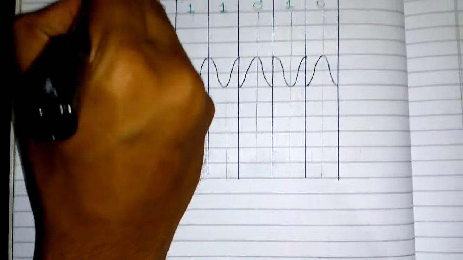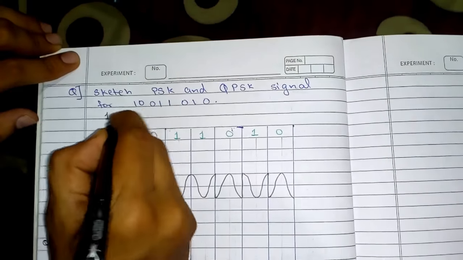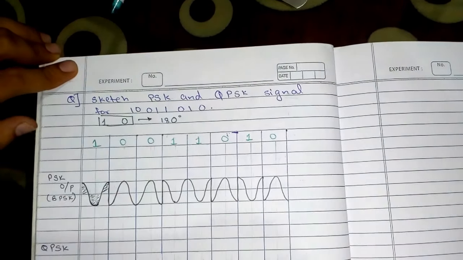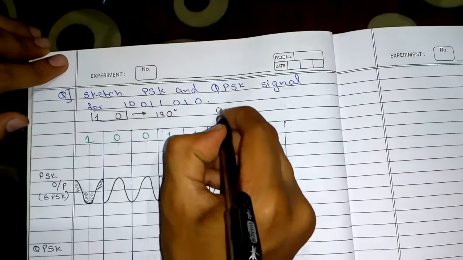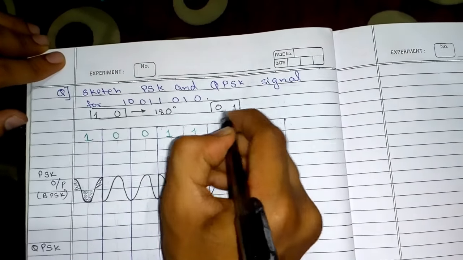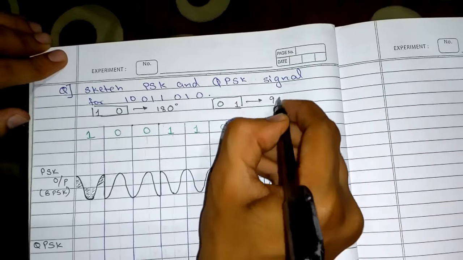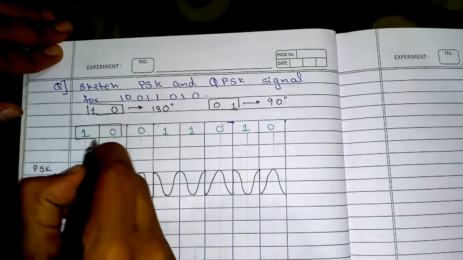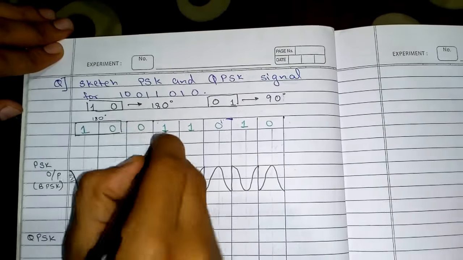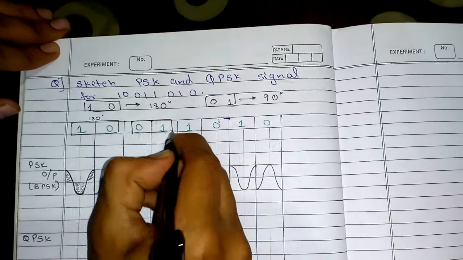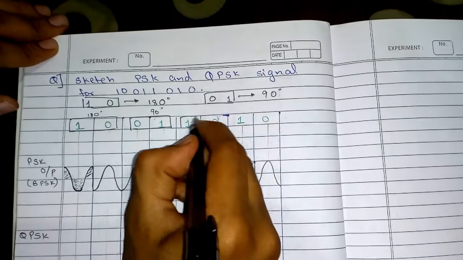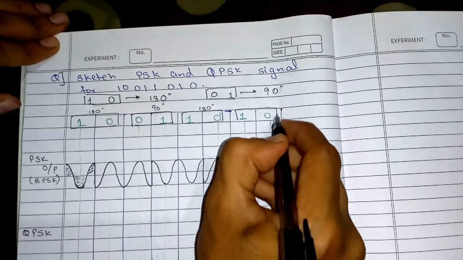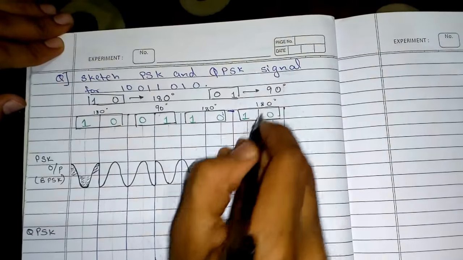Basically, a combination of 1 and 0 is given as 180 degree phase, and a combination of 0 and 1 is given as 90 degree phase. So firstly this 1 and 0 will form 180 degrees. This 0 and 1 will be 90 degrees. 1 and 0 again 180 degrees. 1 and 0 again 180 degrees.